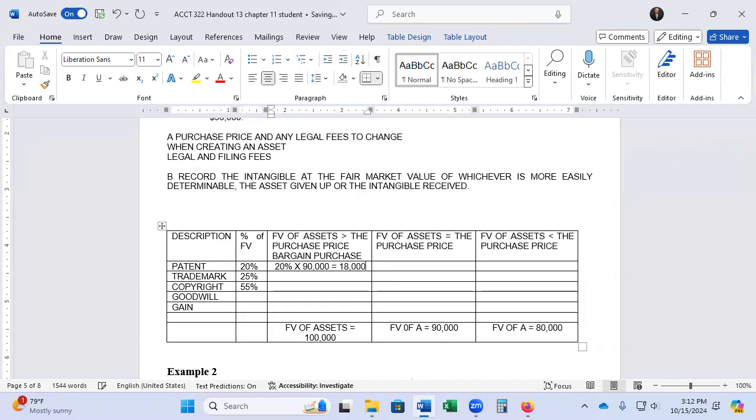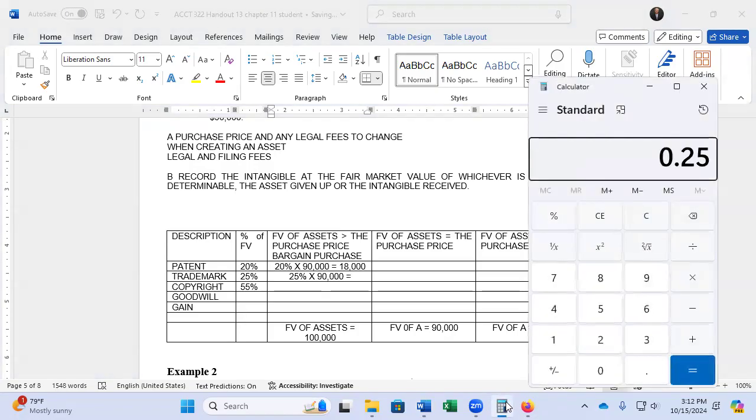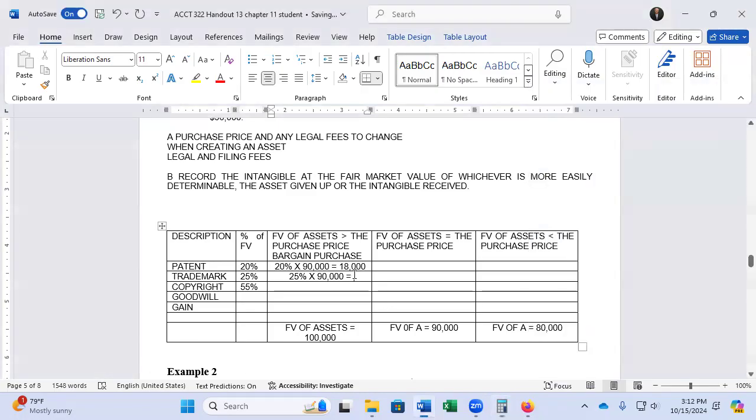And that gives us 18,000. 25% times 90,000, check my math on this one, is $22,500. And the copyright, 55% times 90,000, equals 49,500. Goodwill does not apply in this case. And we have a gain of 10,000.